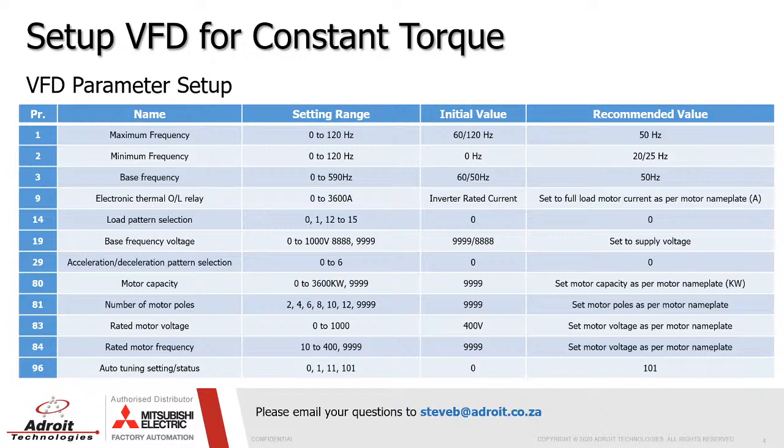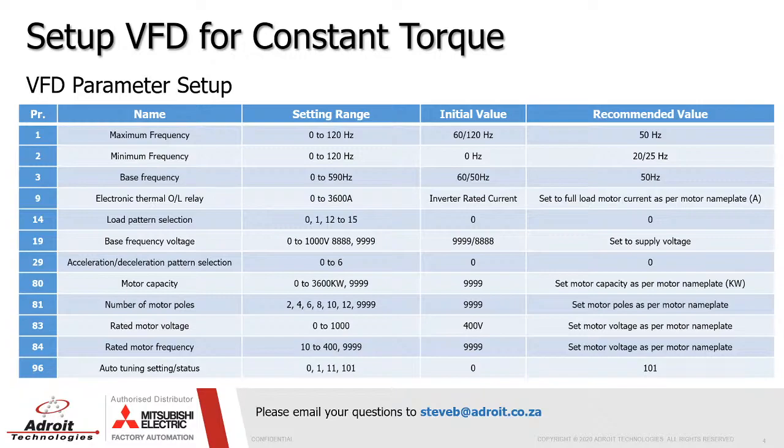Your base frequency for parameter number 3 will be 50 Hertz, as that is our supply in South Africa. Parameter number 9 will be the overload, and that we will set as per the full load current specified on the motor. Parameter number 14 will be our load pattern selection, and that we're going to set to 0 for constant torque.